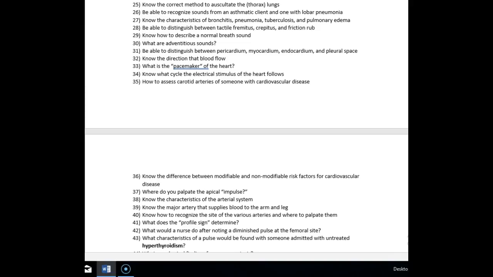Be able to distinguish between pericardium, myocardium, endocardium, and the pleural space. I think we talked about that when we were talking about the heart. I'm trying to think if I went into detail with you guys when we did Jeopardy.